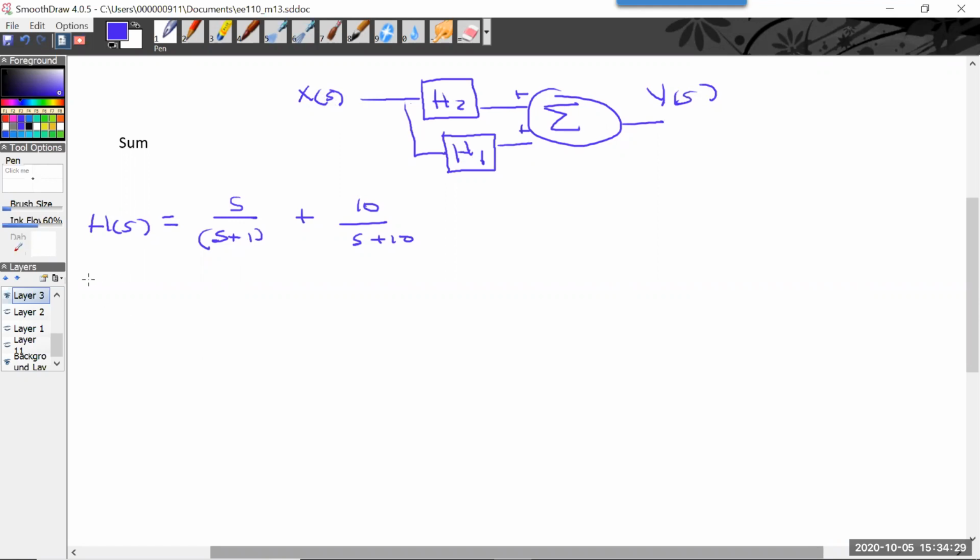Now, if I went too fast there, Y of S equals X of S times H1 plus X of S times H2. Gather the terms and move to the left-hand side.